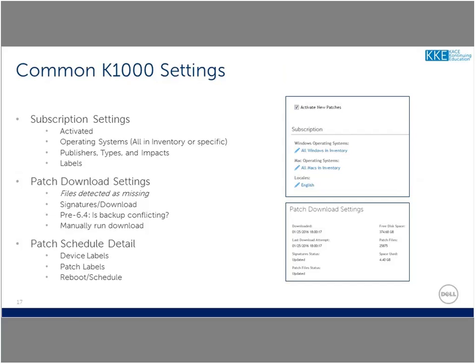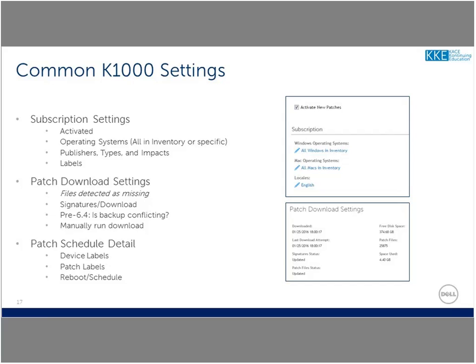First of all, subscription settings. Only active patches can be detected for and can be deployed to your machines. The K1000 will not even attempt to detect the need for a patch or deploy a patch if it is marked as inactive.